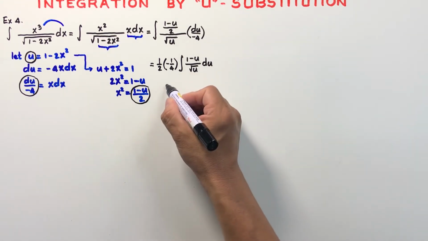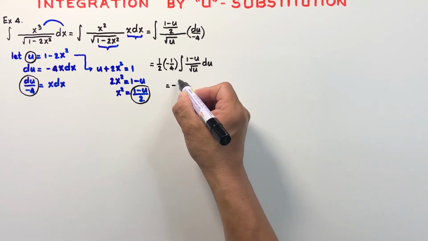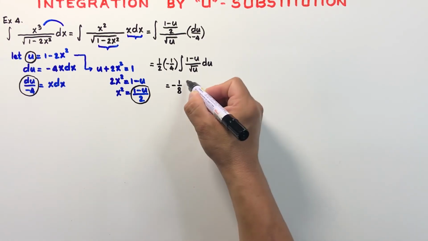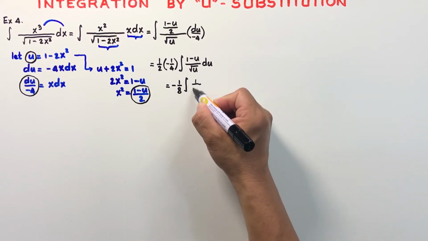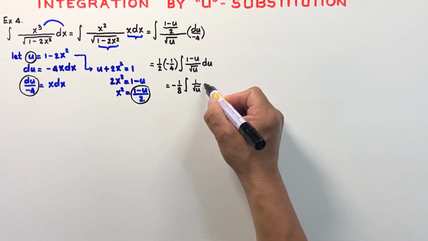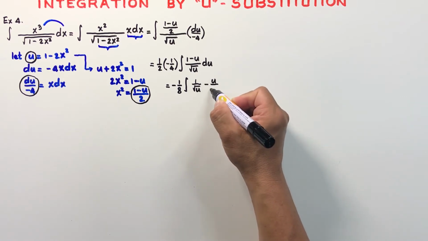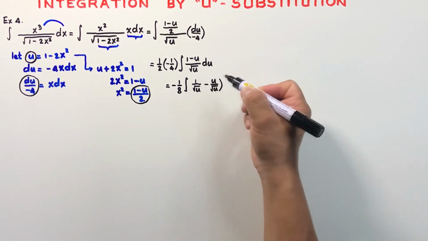Simplifying this further, we have negative 1/8 times the integral of 1 over the square root of u minus u over the square root of u du.